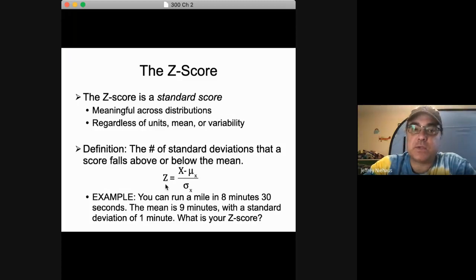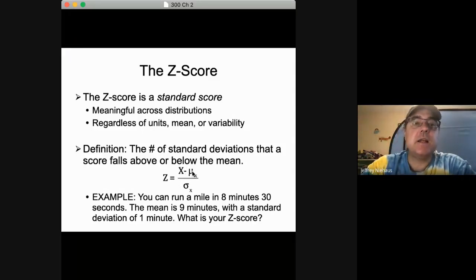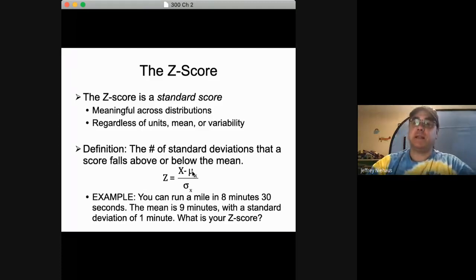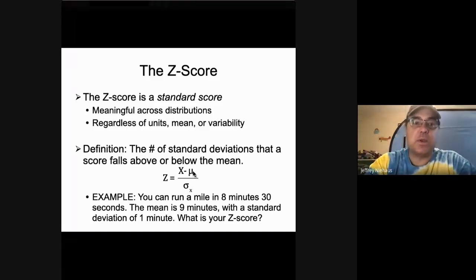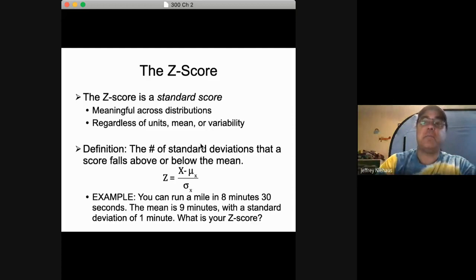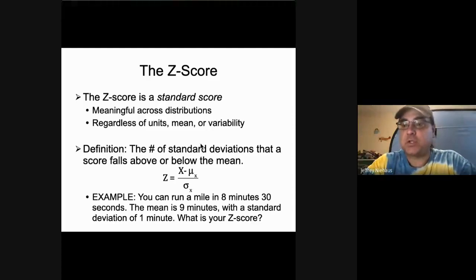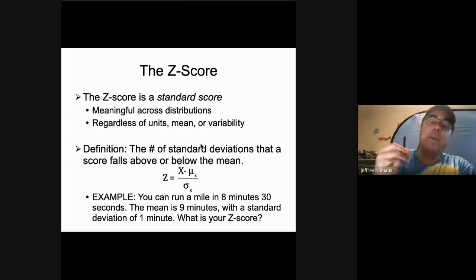So z equals the value that you're wondering about, say your score, minus the mu of the population, that is the average value of what's going on in the data set, divided by the sigma of the population. That is to say, one standard deviation in that population. You can take a look at that and realize that what you'll get when you put those numbers into the formula is a count of how many standard deviations above or below.